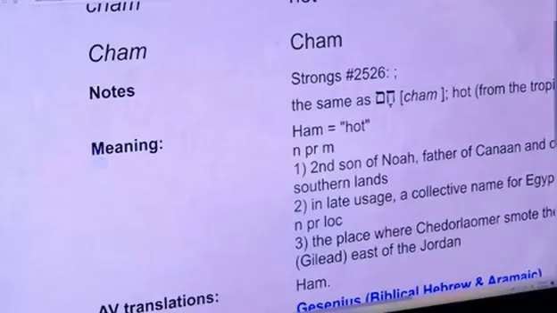You're never going to see that suffix standing alone as an independent word. It will always be suffixed to the end of a word. So hopefully that's clear.